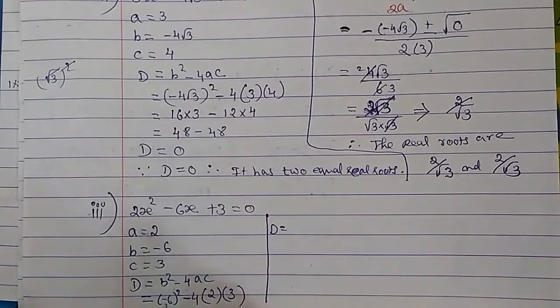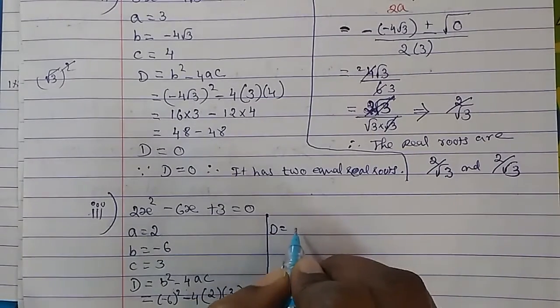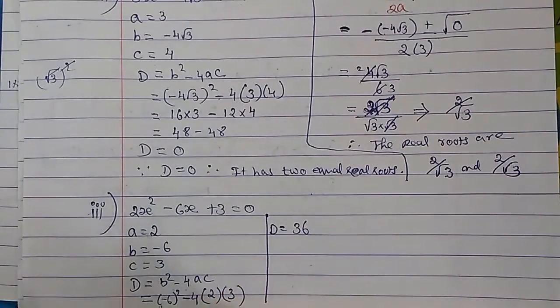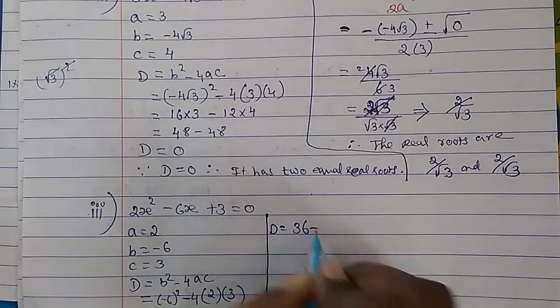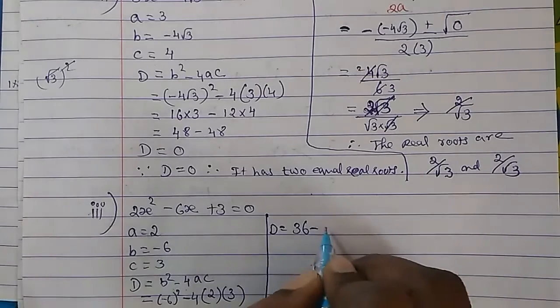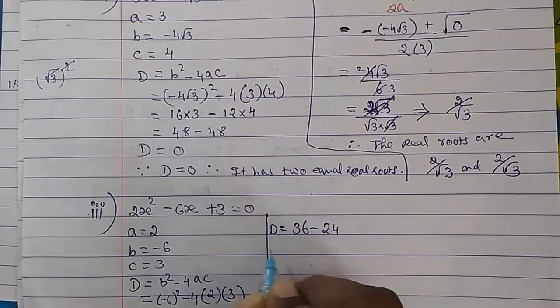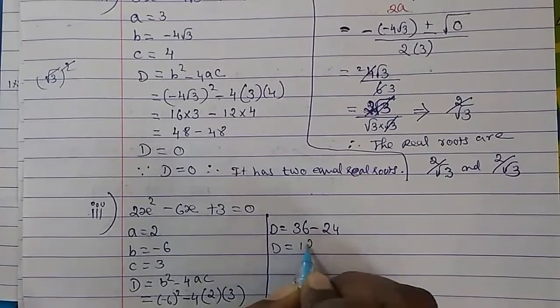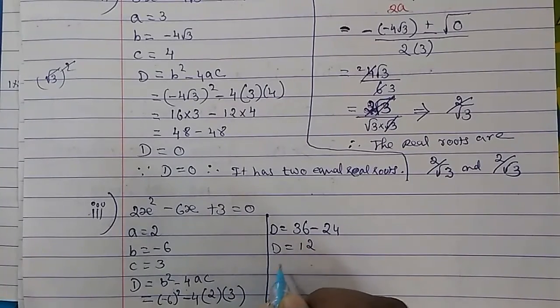So this will give us d equal to 6 square 36. Minus becomes plus when it becomes square. Then this minus here. 4 2s are 8. 8 3s are 24. So that means d is 12. So d is 12 means d is greater than 0.